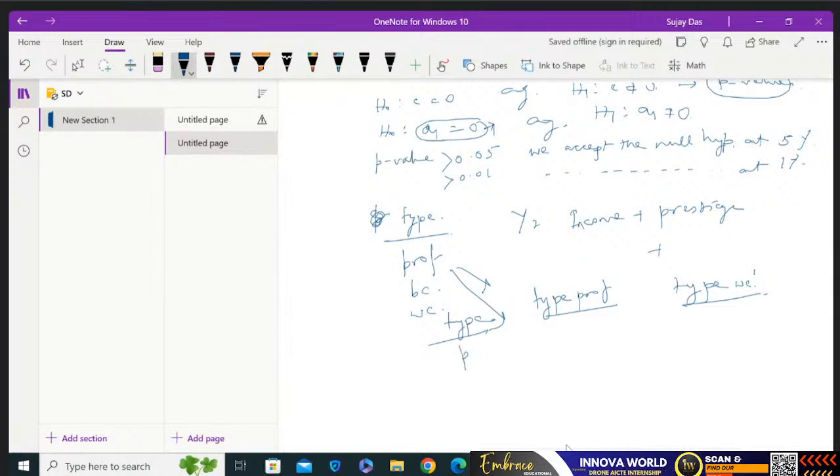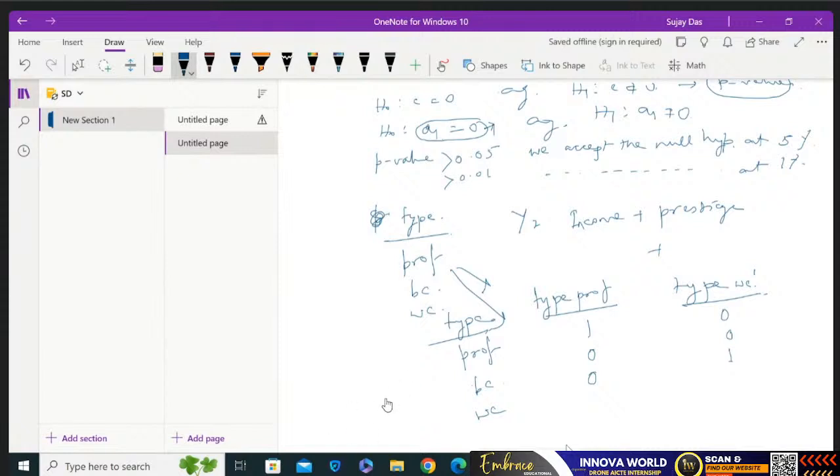Now type prof will get 1 for the professional, 0 for blue collar, and 0 for white collar. And type white collar will get 0 for the professional, 0 for the blue collar, and 1 for the white collar. In this way it is quantifying type into these two variables.